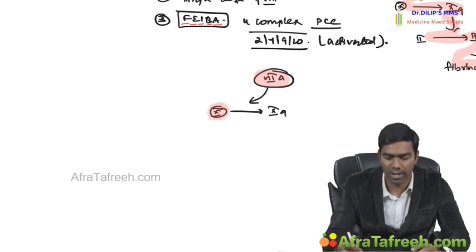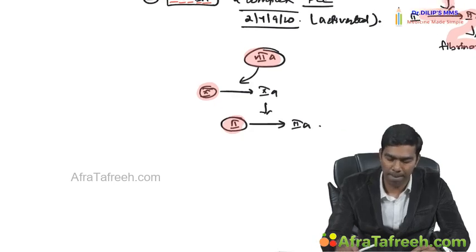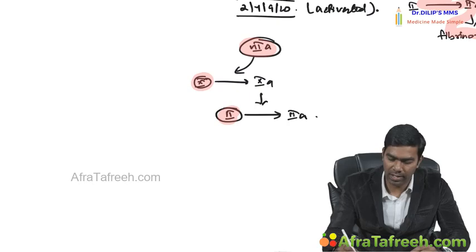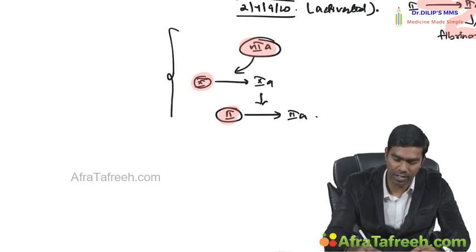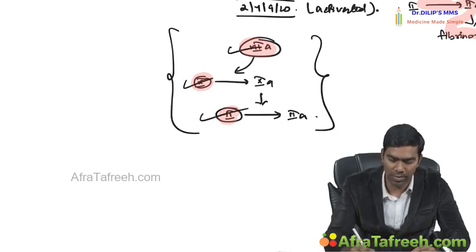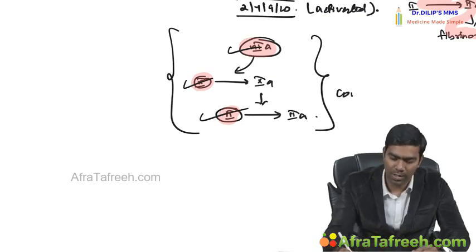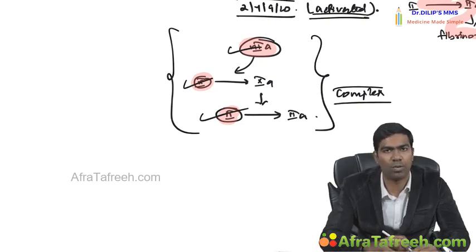So 10 will be activated to 10A, and immediately prothrombin is also there in this particular PCC, so immediately your 2 will be activated to 2A. Finally, since all these factors are already there, you have 10 and 7. So these are the factors that are present in this 4-complex PCC.